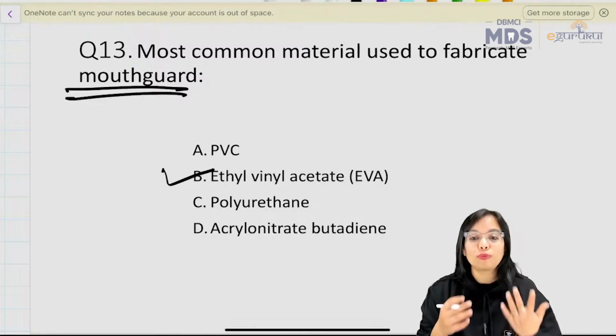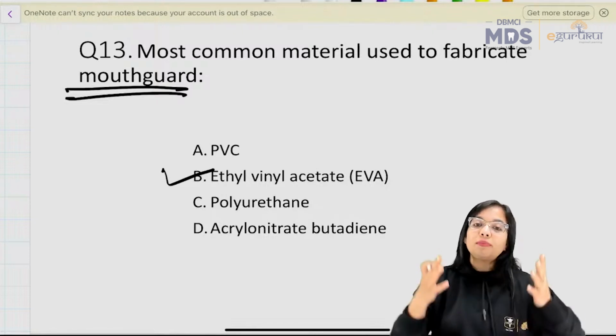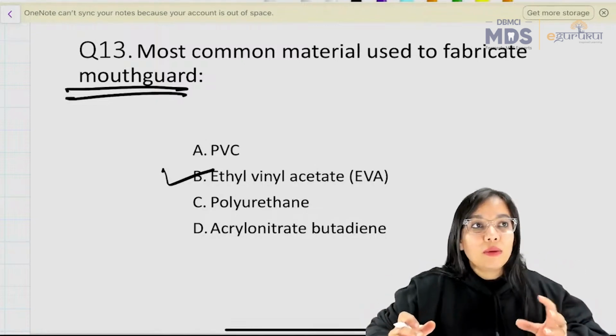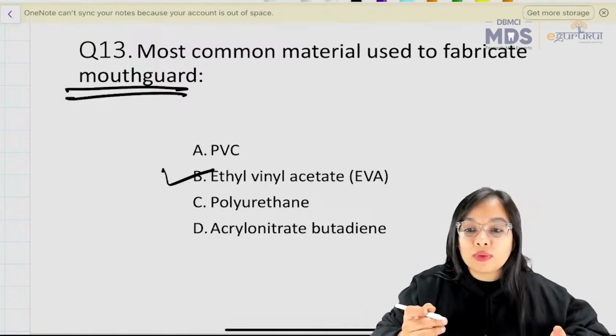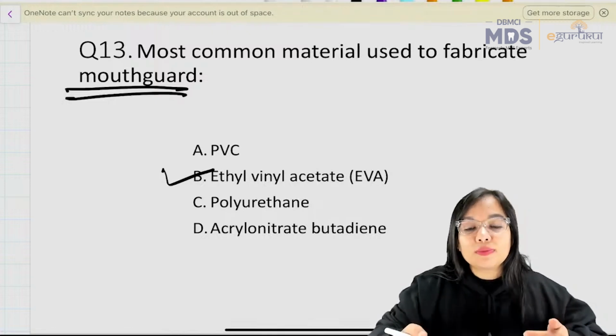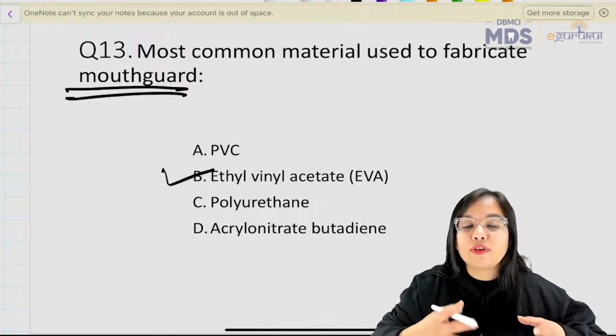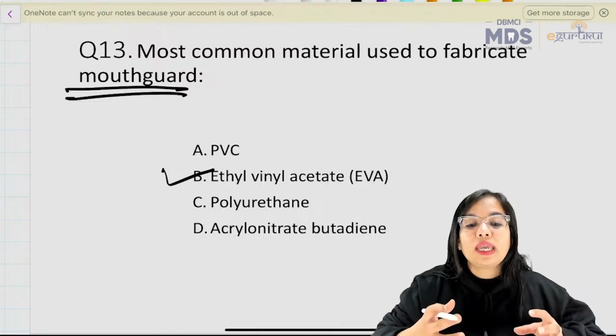The performance of the mouth guards can be determined in three ways. The energy absorption of the material. So you need the mouth guard to perform. They should not be a blob of rubber or plastic sitting inside. So how do you assess the performance of the mouth guards? The energy absorption of the material from which the mouth guard is formed can be gauged.